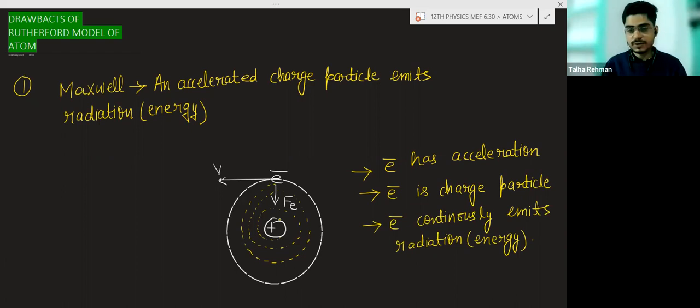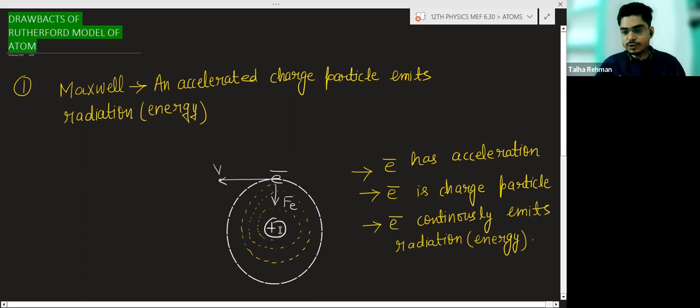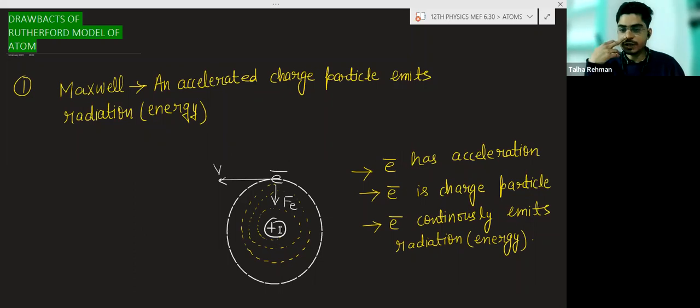According to Maxwell, the electron will lose energy. If the electron loses energy, the radius of the orbit will become smaller because the nucleus is attracting the electron. Finally, the electron will fall into the nucleus. And if in an atom the electron falls into the nucleus, then the atom will be destroyed. That means we all will be destroyed.